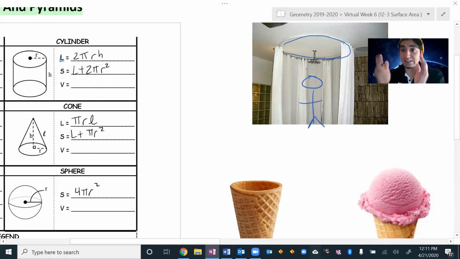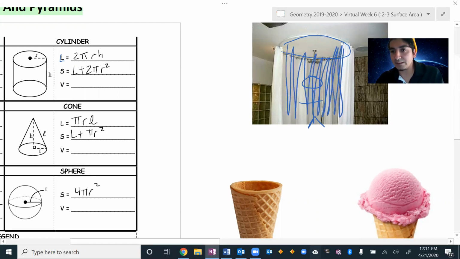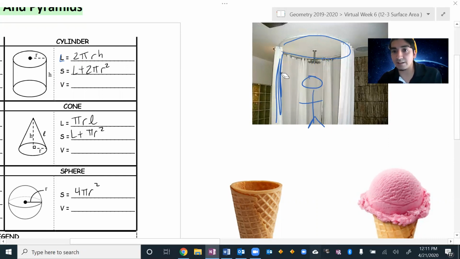I want to emphasize the curtain in this situation because this is the lateral surface area for this cylinder. The height is the height all the way to the very top where it's going to be meeting with the ceiling. So that's going to be lateral surface area.